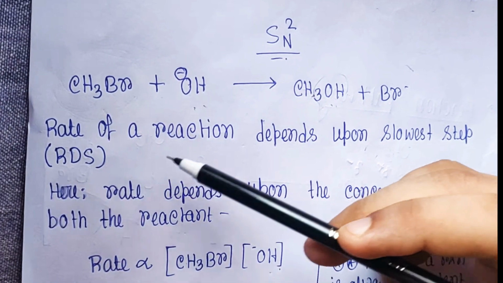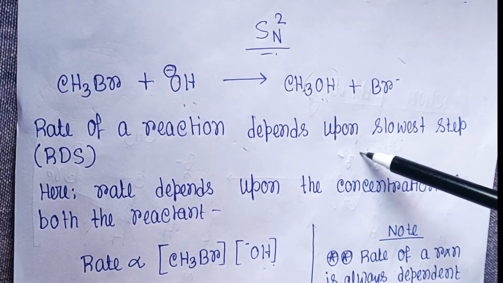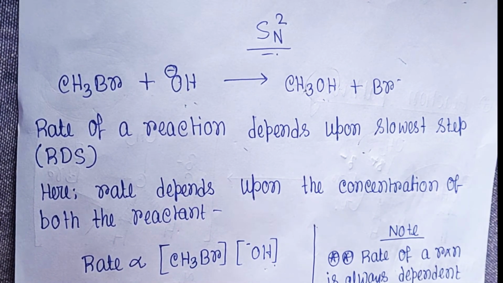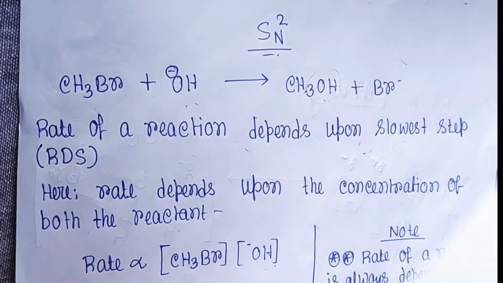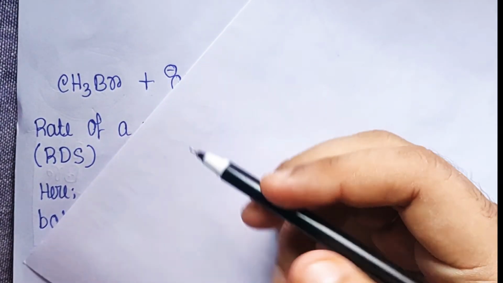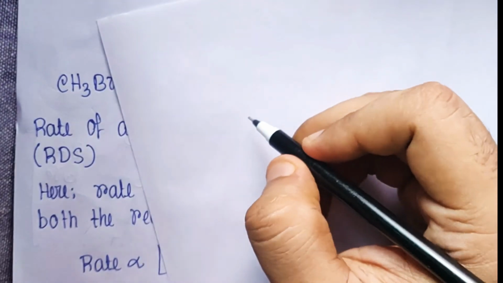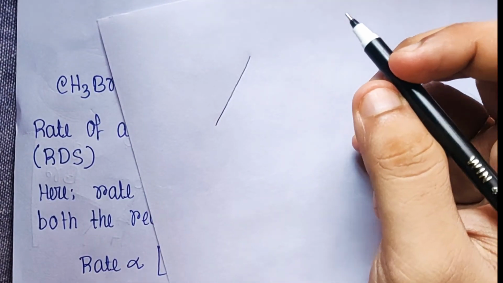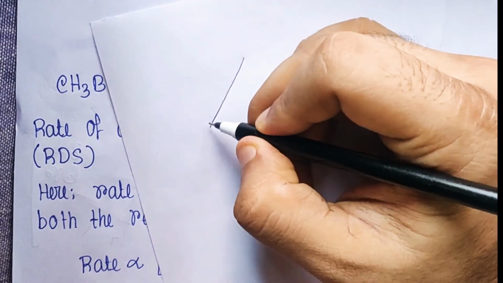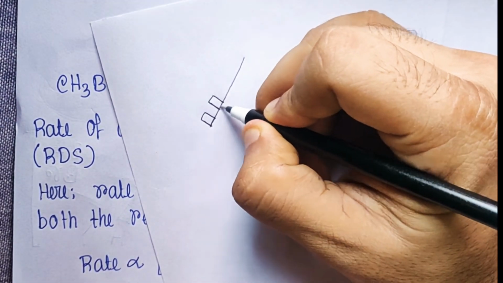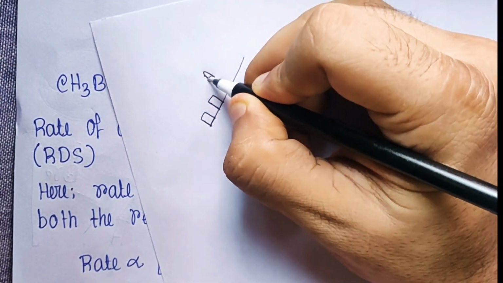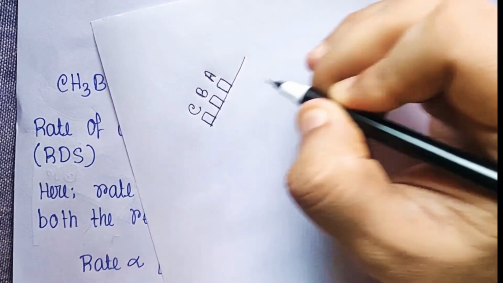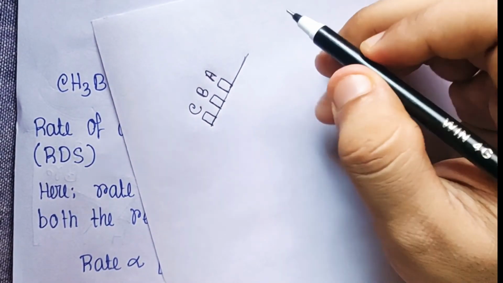Now the rate of this reaction depends upon the slowest step. So just think about it. If you are going on an expedition with your friends, trekking, and there are three of you climbing a rock.